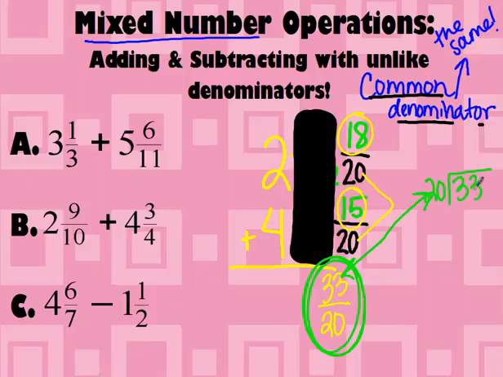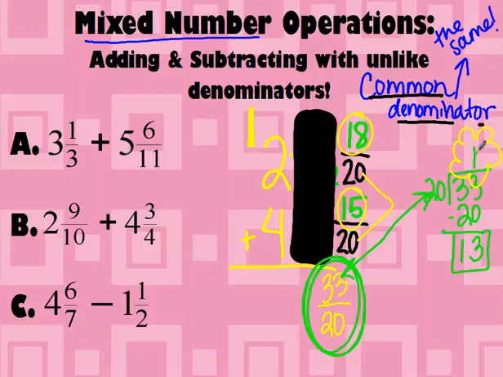So 20 goes into 33 once, and I'm going to see how many are left over. So we've got one whole time with 13 pieces left over out of 20. How this translates is this one whole right here gets carried over as a whole number.